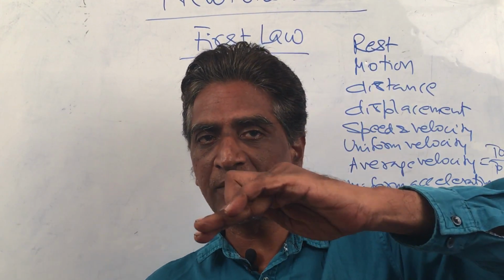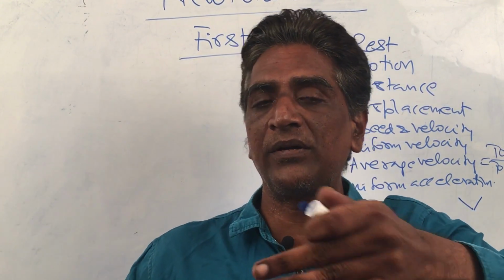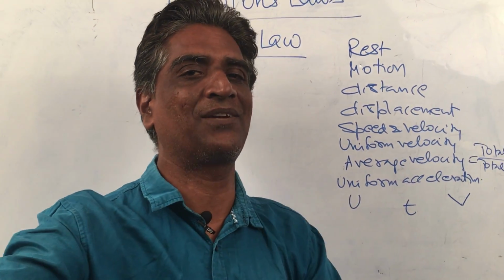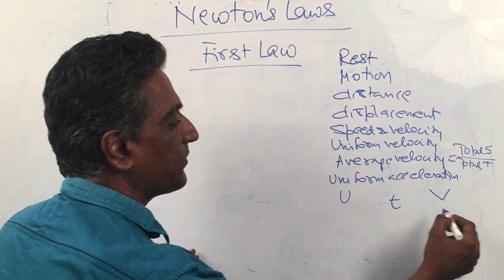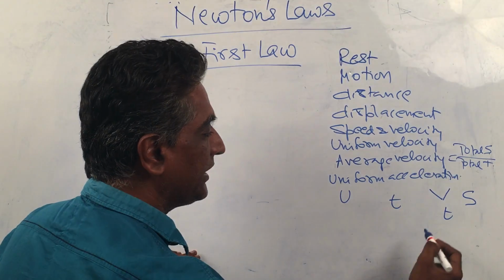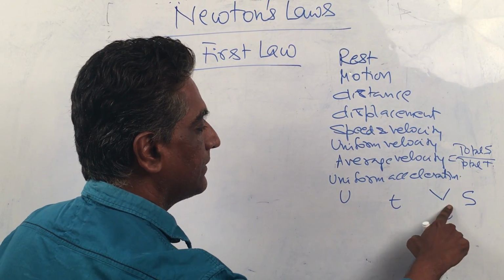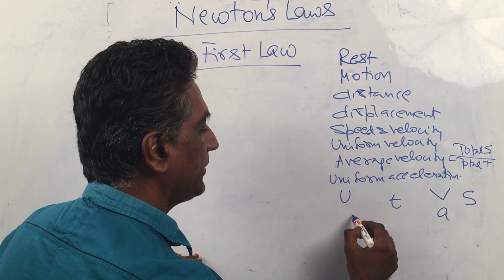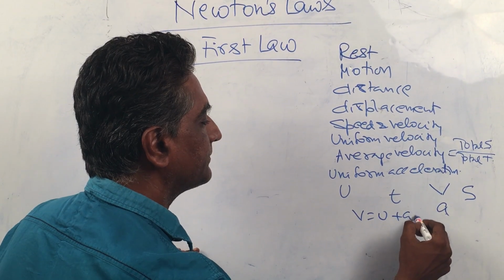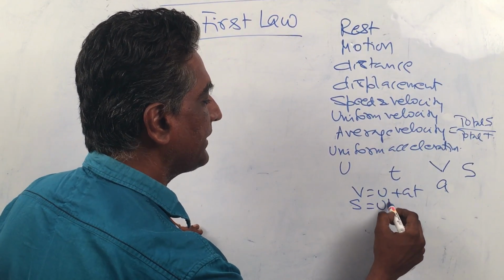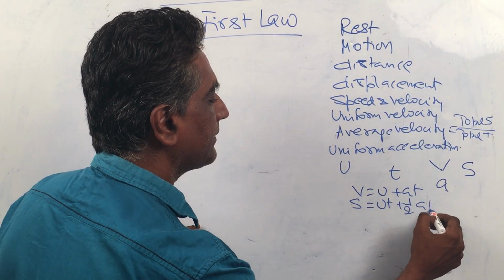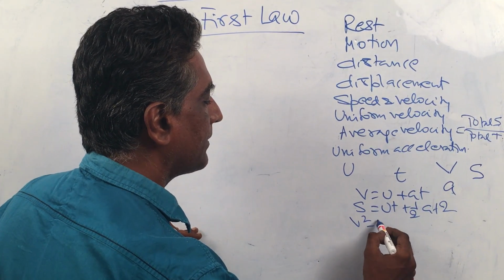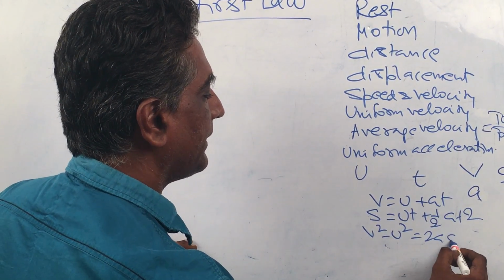Take any point and the next point, and the next, the increase is constant. So we have three equations with u, v, s, t, and a: v is equal to u plus at, s is equal to ut plus half at square, and v square minus u square is equal to 2as.